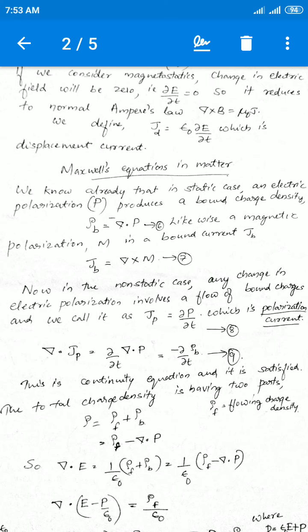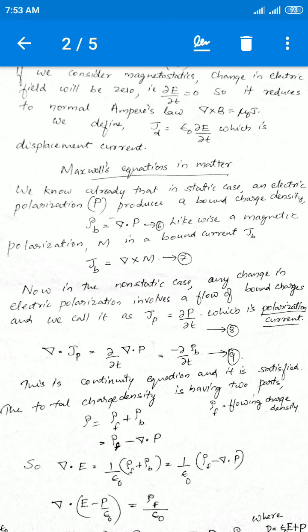Due to this flow, a current is developed, so there will be a current density. That current density is JP. JP is equal to dou P by dou t, because the electric polarization is varying with time. We call JP the polarization current.